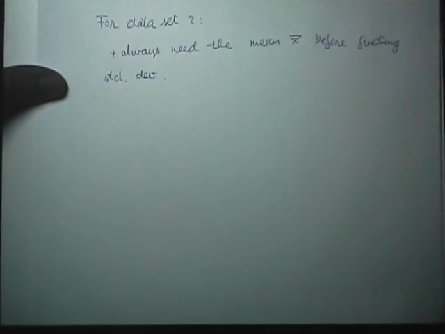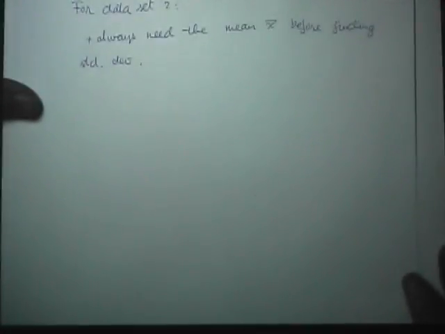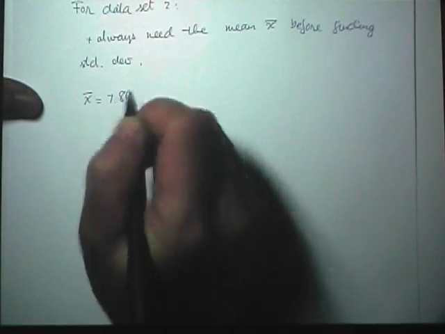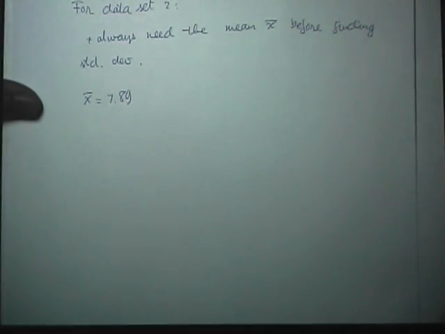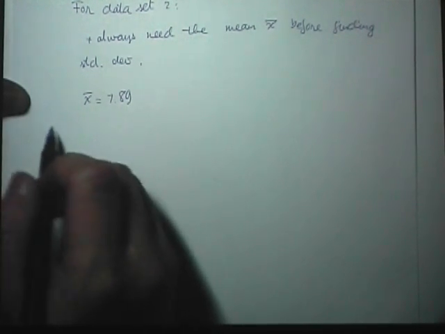Is that clear? Are you all with me now? So for my data set number 2, the mean value that I found earlier is 7.89. Everybody with me here?